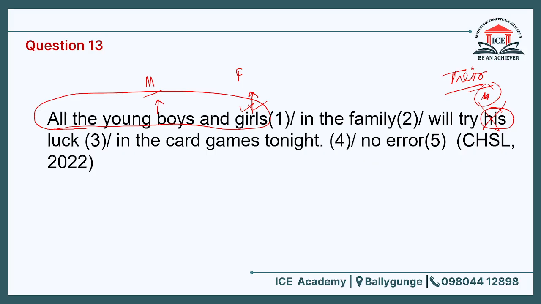This is plural. If the subject is plural, then the personal pronoun should also be plural, and by that logic it should not be his, it should be their. The correct sentence would be: all the young boys and girls in the family will try their luck in the card games tonight. So the error is in the third part of the sentence.